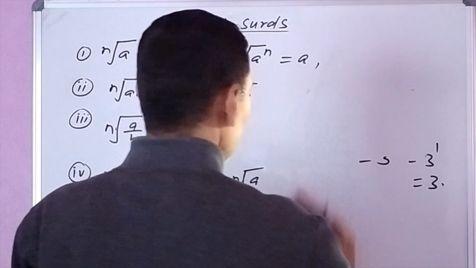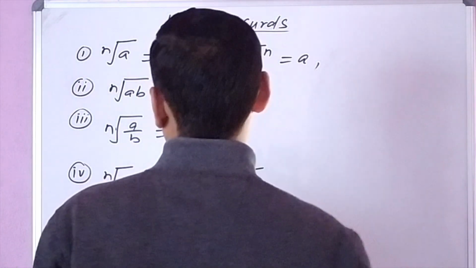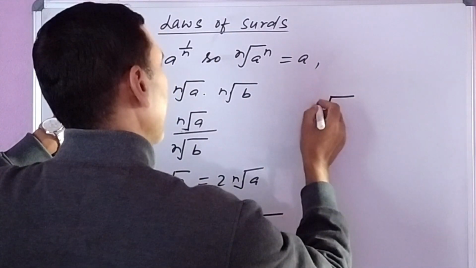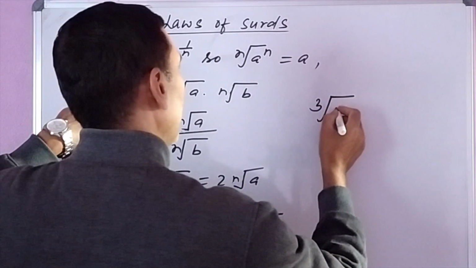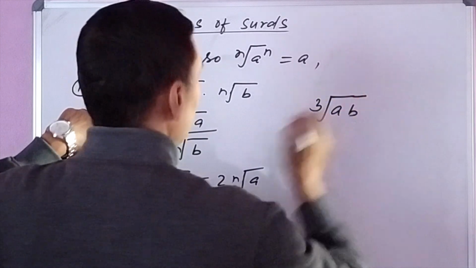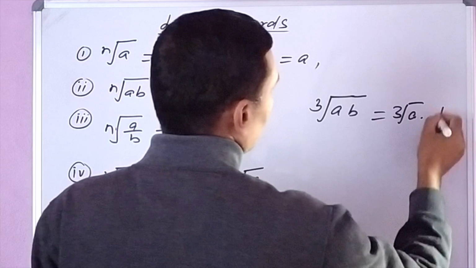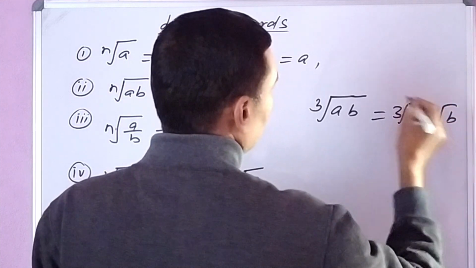Similarly, the second rule. Look here, according to this rule, if we have cube root of a, b, it can be written as cube root of a into cube root of b.